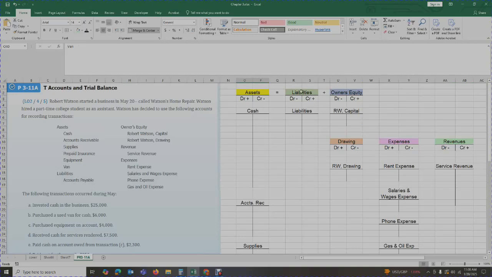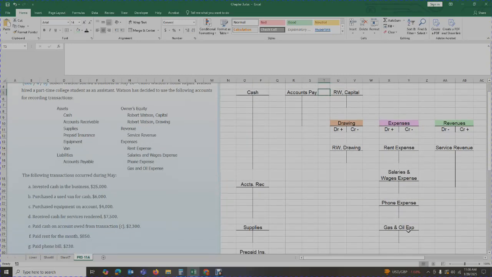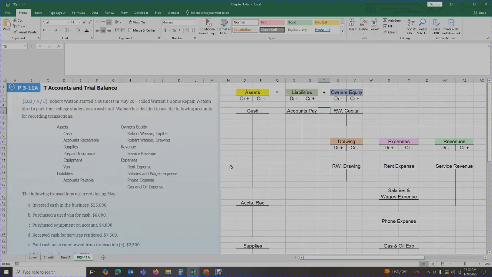Liabilities, I only have one liability, which should be accounts payable. And then under owner's equity, we've got our capital account. We've got our drawing account. Under expenses, we've got rent expense, salaries and wages expense, phone expense, gas and oil. And under revenue, we've got one revenue account called service revenue.